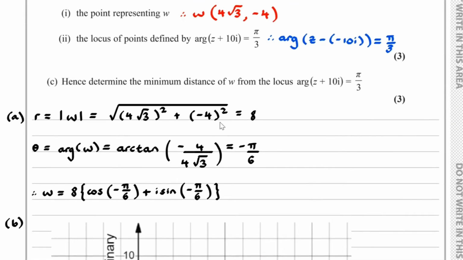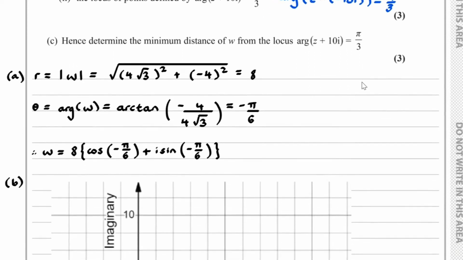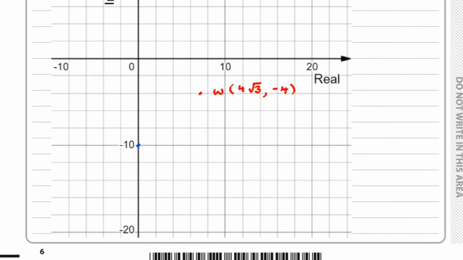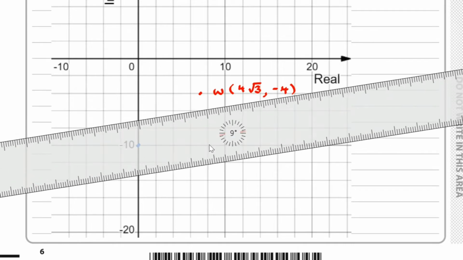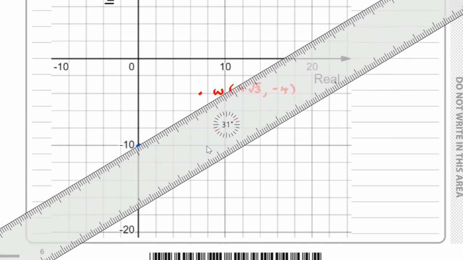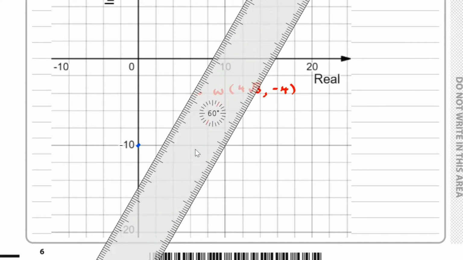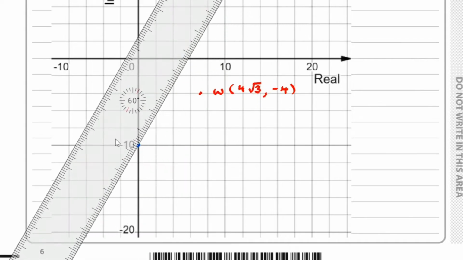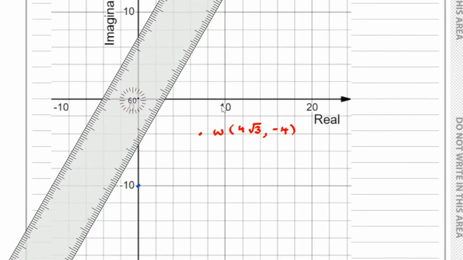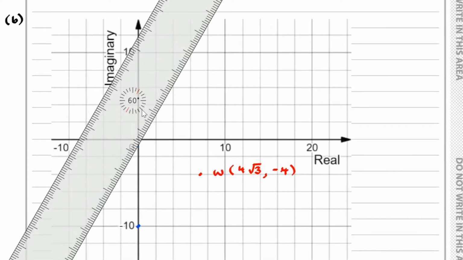It will be a half line, and we have the gradient of the line equaling the tangent of pi over 3. Now pi over 3 is 60 degrees, so if we grab our ruler and then measure out 60 degrees, the gradient of this line is the tangent of pi over 3.